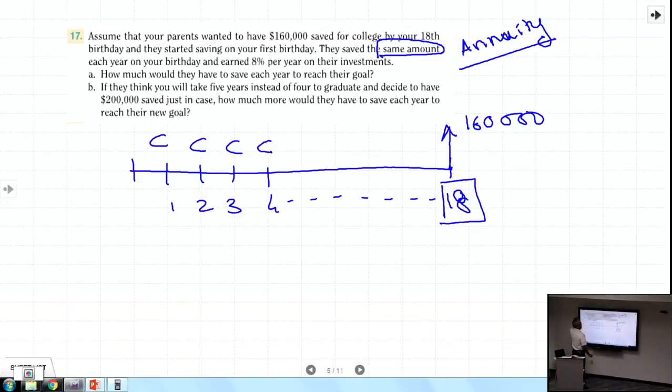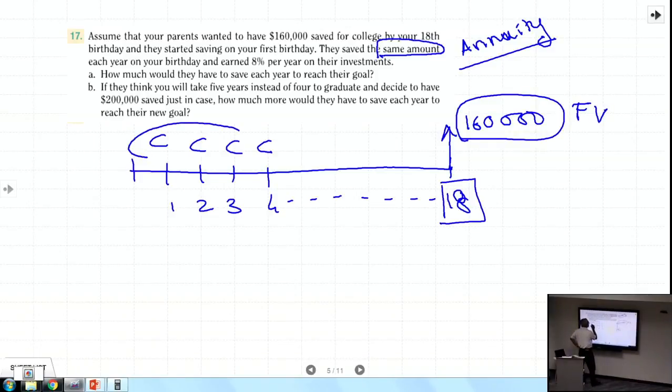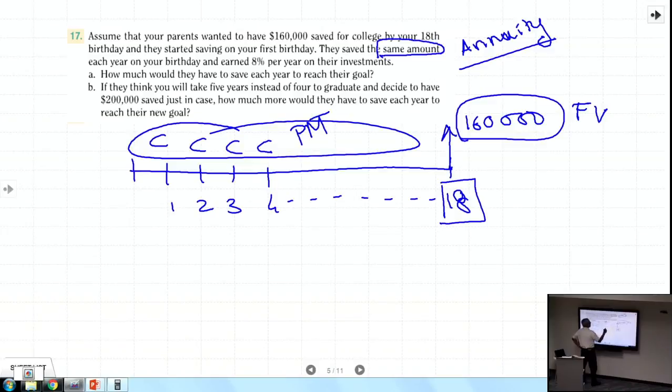So same cash flow each year. Now in terms of a time value of money problem, this $160,000 represents the future value. This stream of cash flows will represent my payment. So payment is my unknown.